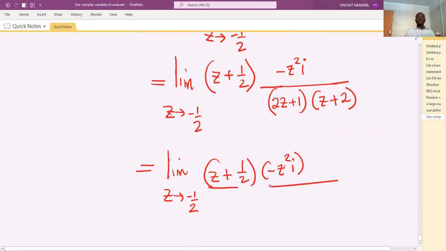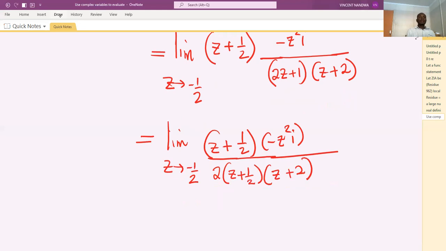Now, for me to have z plus a half, I factor out 2 here, and then I write z plus a half, and then z plus 2. See, when you open this, you get this first bracket. And by doing that, this bracket and this bracket cancel out.